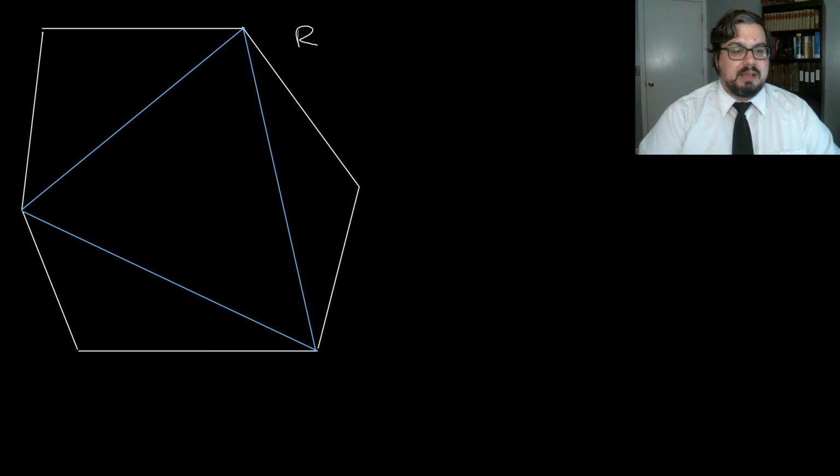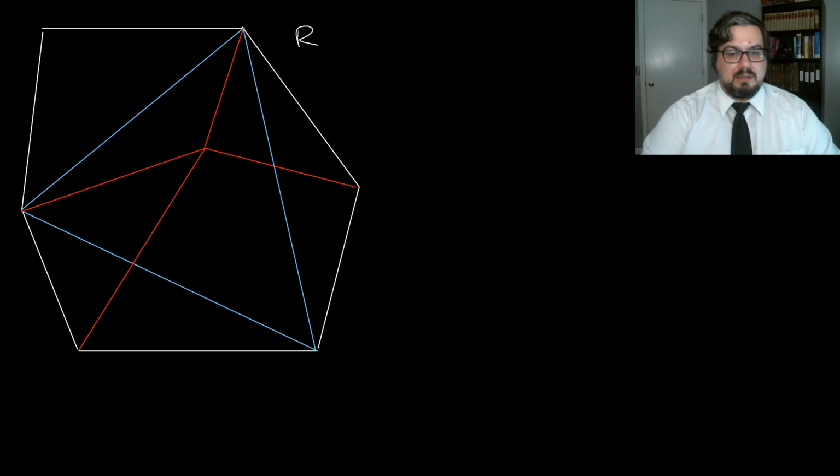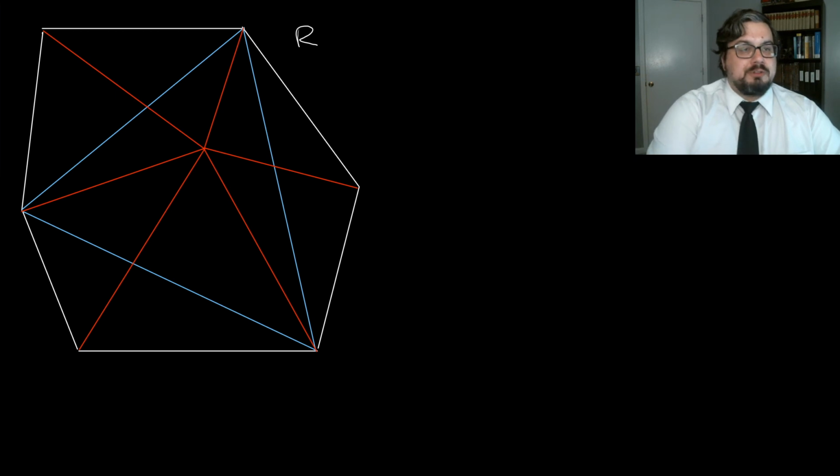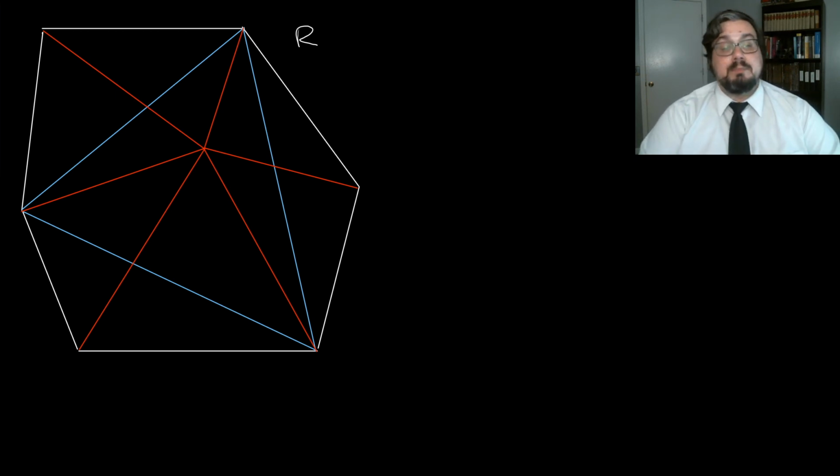And let's take another triangularization. Let's take the one that goes up here. We'll go like that, like that, like that, like that, and like that. So we have two different triangularizations here. We've got the blue triangularization, which writes R down as a union of 4 triangles.